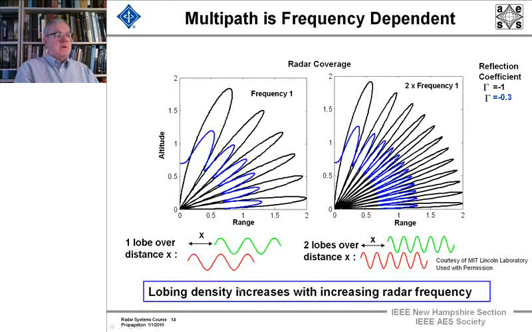So lobing density increases with increasing radar frequency. Here we see some little visuals showing you one lobe over distance x, and here you get 2 lobes over that same distance.